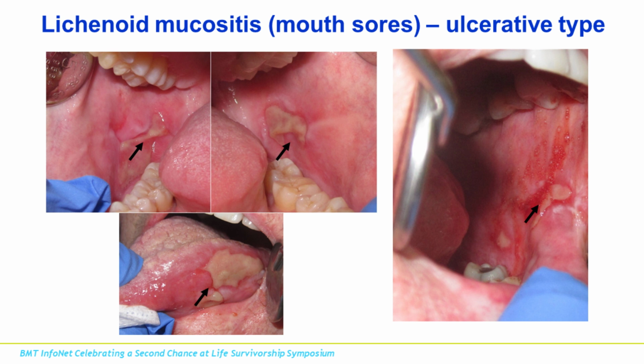You will have a kind of yellowish dead tissue in the middle, large areas either in the cheek or in the tongue. And in patients with GVHD, because of the immunosuppressed condition, these can get secondarily infected by bacterial infection.